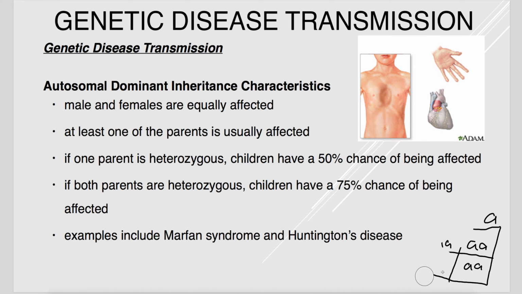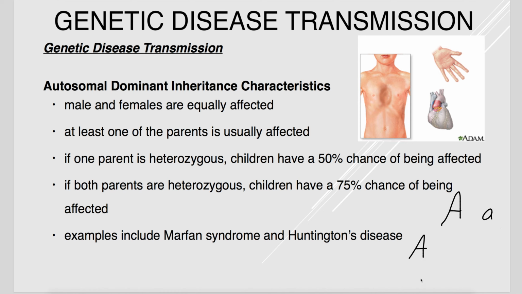Now, if both parents are heterozygous, so both parents are affected but heterozygous, dad up here, mom down here, we can see that 75% will be affected, and 25% will not be.